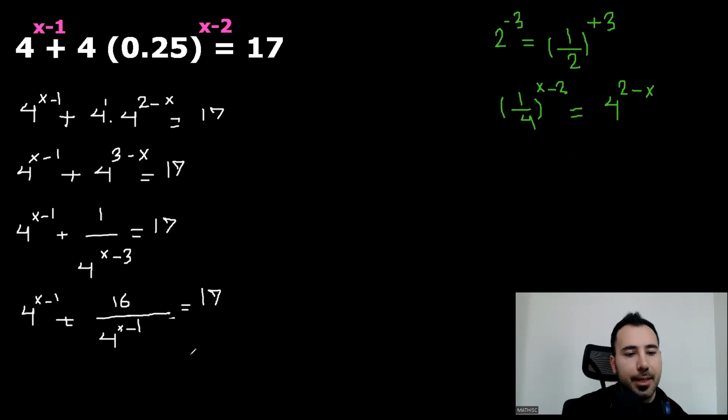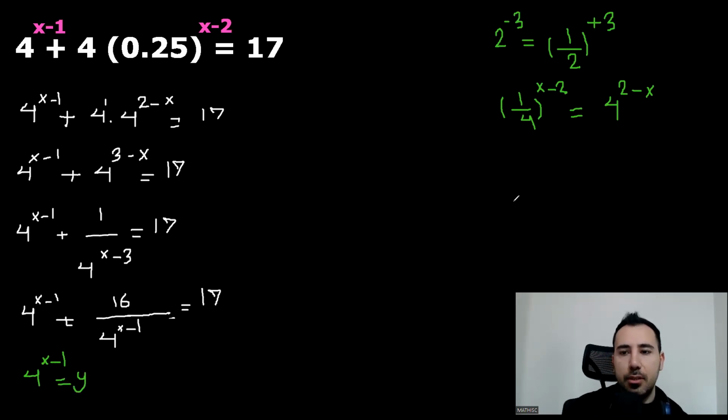Okay, that's quite better. Now from here, you see that they are the same. Just to make it look easier, we're going to call them something else. Instead of 4 to the power of x minus 1, let's call it y.